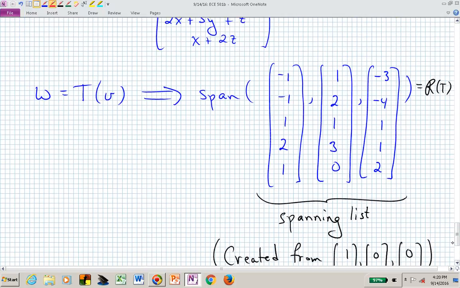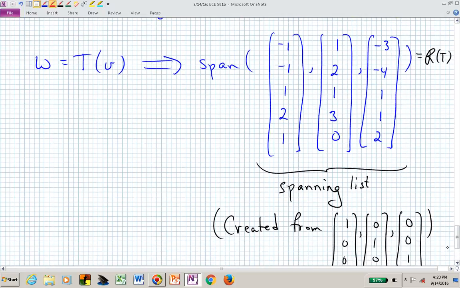Now, if you are good at seeing linear dependence, you'll actually see that this spanning list can be reduced.